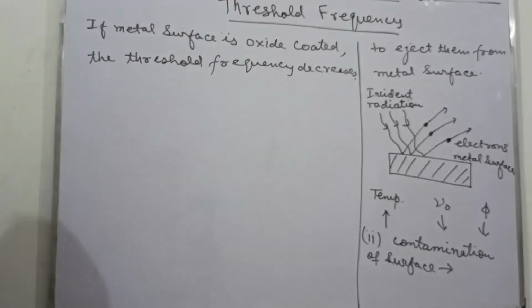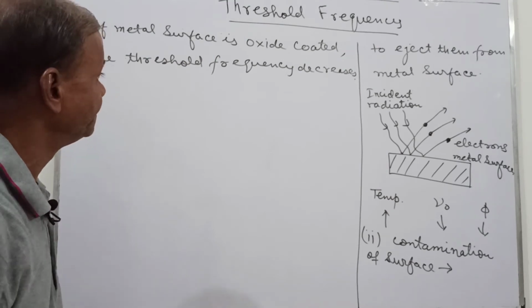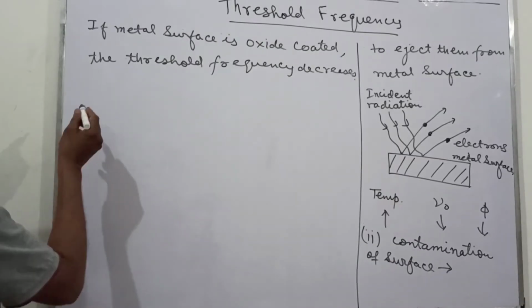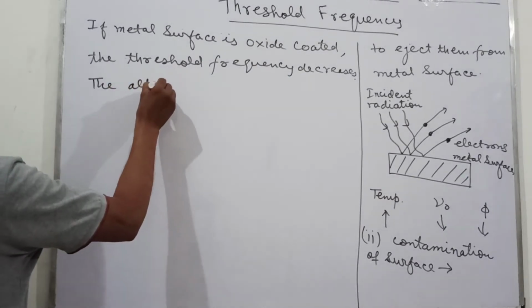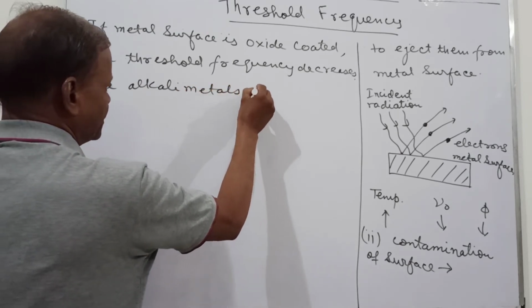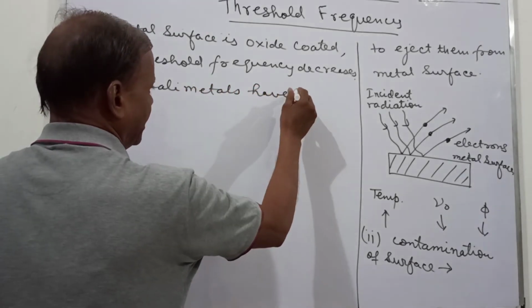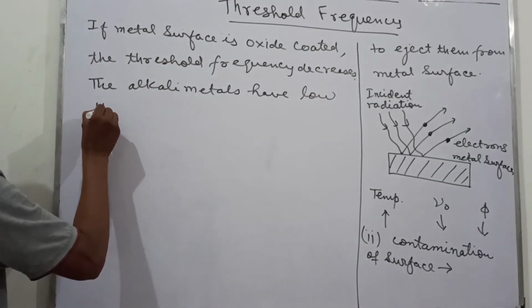It means that the alkali metals have a lower threshold frequency. The alkali metals have low threshold frequency.